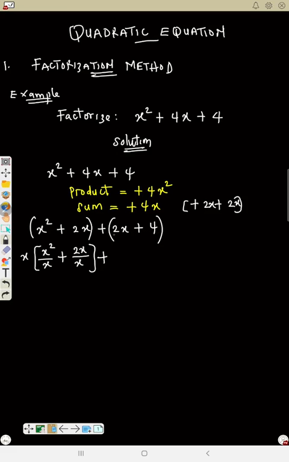That means in 2x and 4, the number that is common is 2, because the highest common factor of 2 and 4 is 2. So now I said if anything is common, divide everything by that number. That means divide this by 2. 2x over 2 plus 4 over 2. So divide everything by anything that is common. So that is how you can know what you will have left.